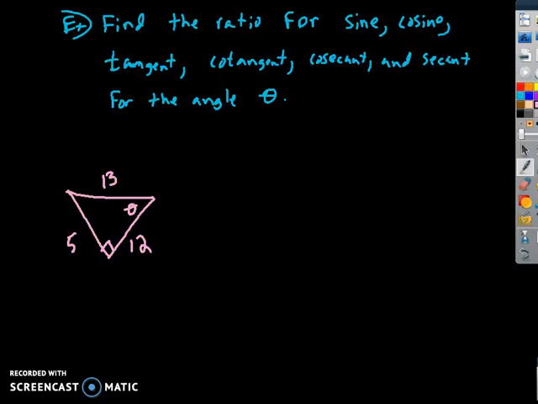Okay, so in this example it says find the ratio for sine, cosine, tangent, cotangent, cosecant, and secant for the angle theta. And here's theta inside this picture. So you want to find all 6 trig functions for that angle. Let's start off by first finding the first 3. Sine of angle theta is the side opposite over the hypotenuse.